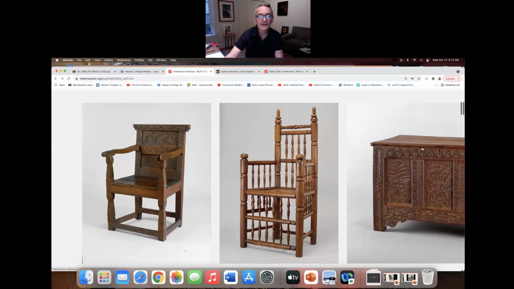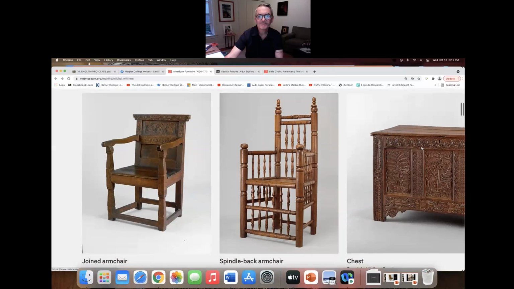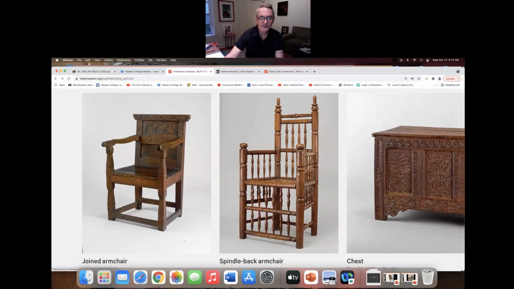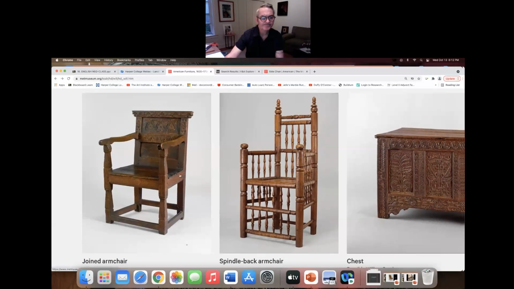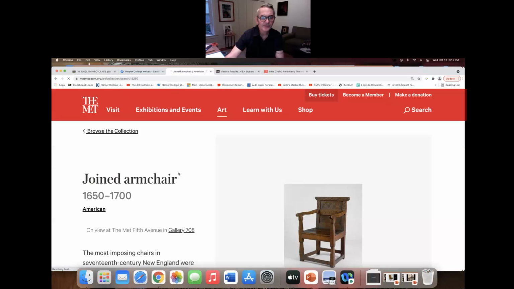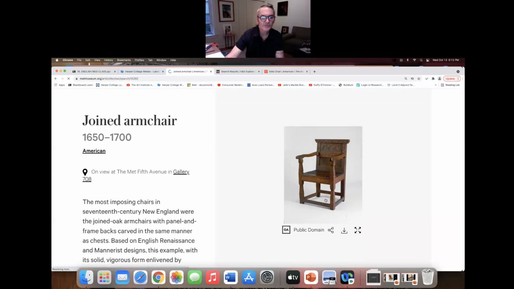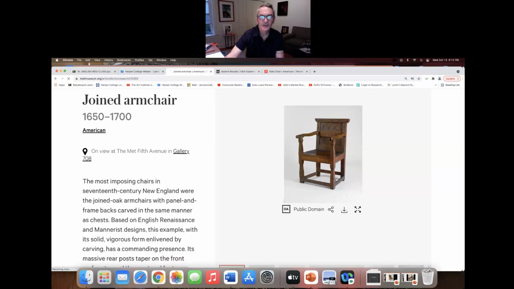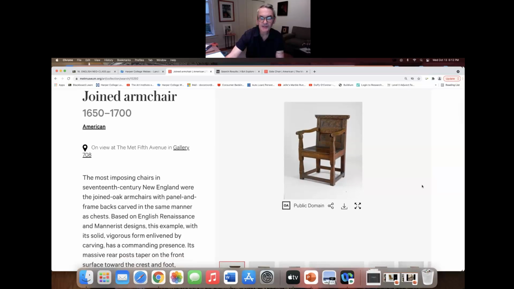But if you look at what was being made, for example, this joined armchair, relatively simple, based on English Renaissance design, made in New England, joined oak, panel and frame.